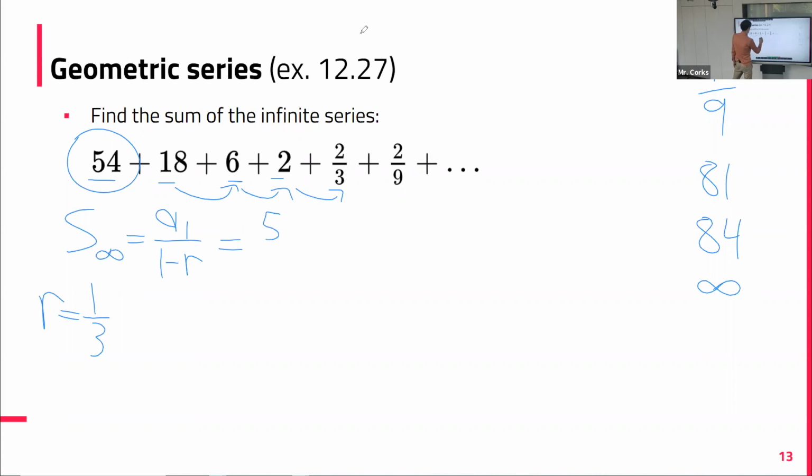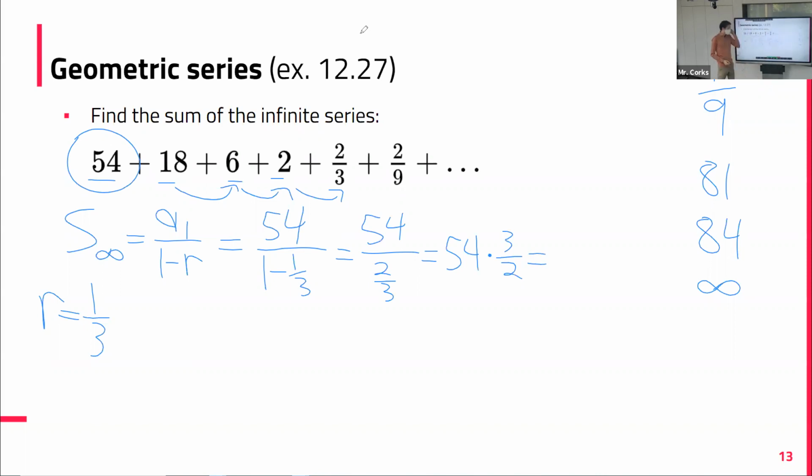So 54 over 1 minus 1 over 3. 54 over 2 over 3. If you want to remember fraction rules, invert and multiply. 54 times 3 over 2. 54 divided by 2 is 27, times 3, 81.